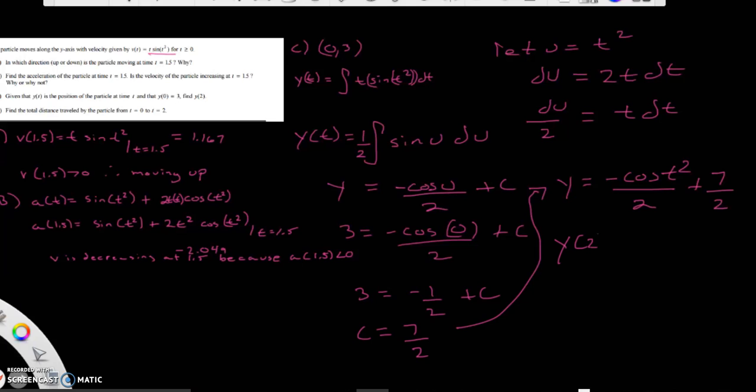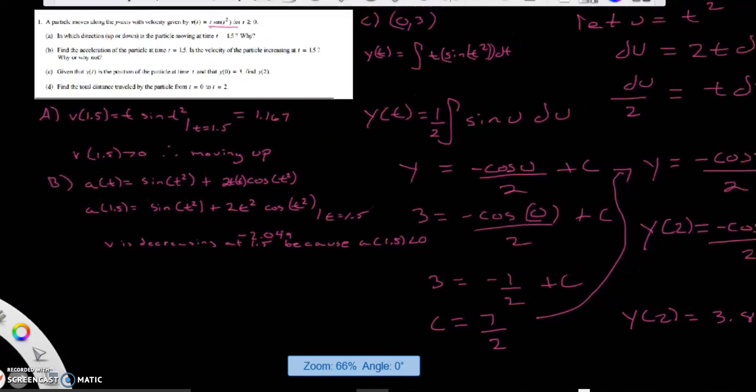So y of 2, plugging t equals 2 into this function, you're going to get y of 2 equals 3.827.